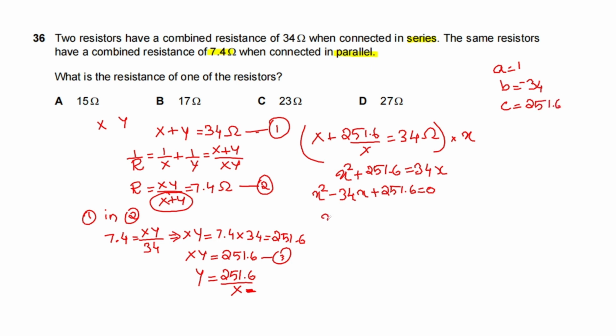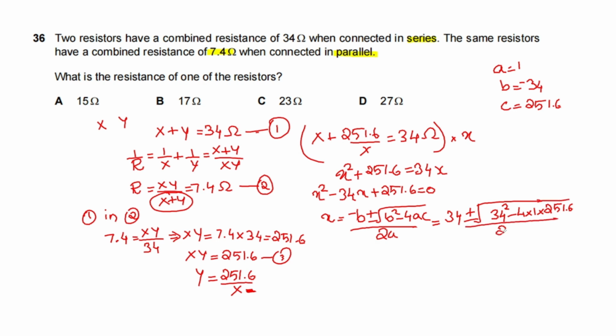To find the X value, please use the quadratic formula, which is minus b plus or minus root of b square minus 4ac divided by 2a, which is equal to 34 plus or minus root of 34 square minus 4 times 1 times 251.6, divided by 2 times 1.